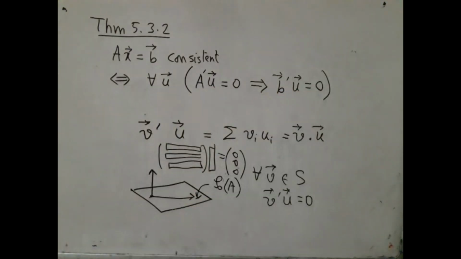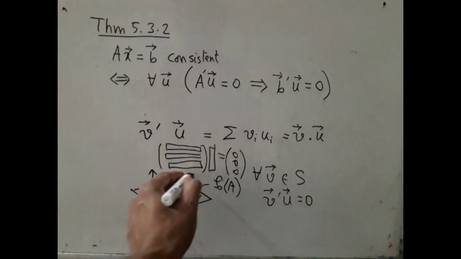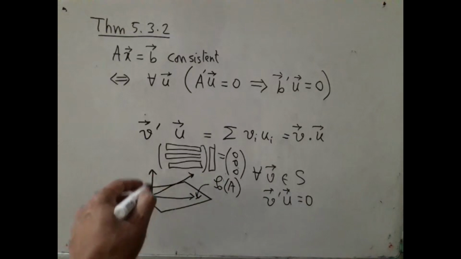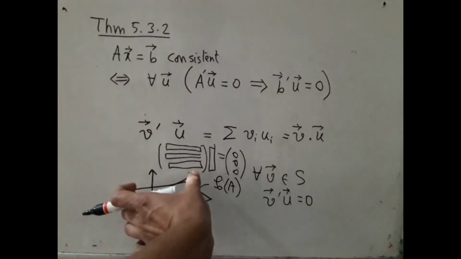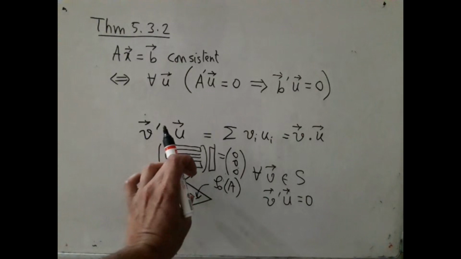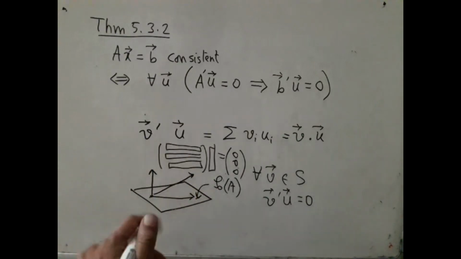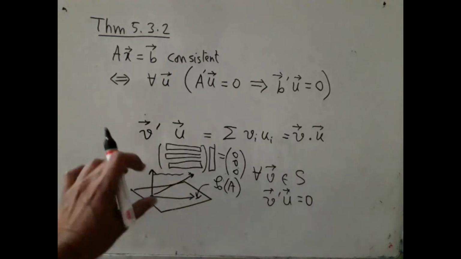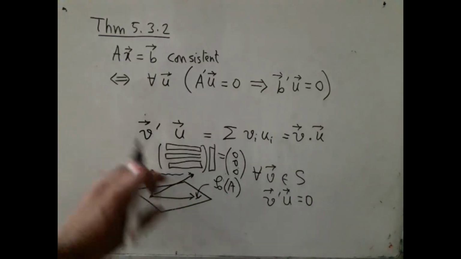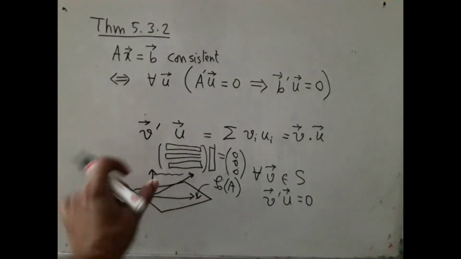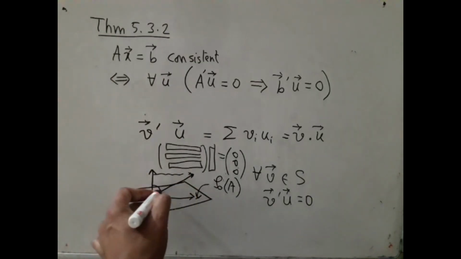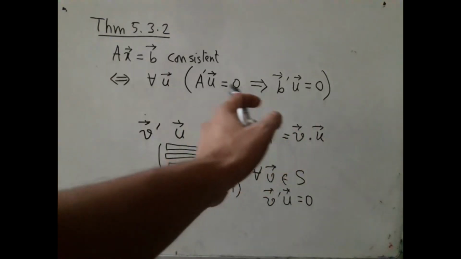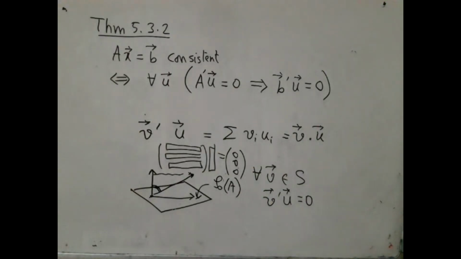Well, that is not possible, because suppose B is something like this, then all that you do is you take U to be precisely the component of B which is perpendicular to the column space of A. Because B is not in the column space of A, there must be a part of it which is outside the column space of A. And this is not 90 degrees obviously. So, you will get a U which will not satisfy this condition.